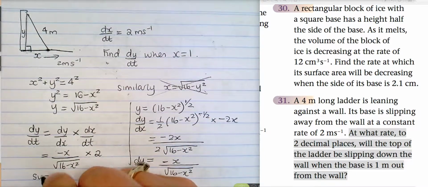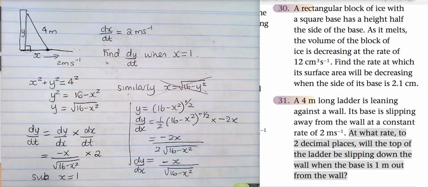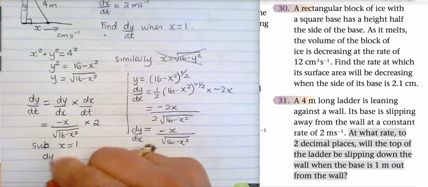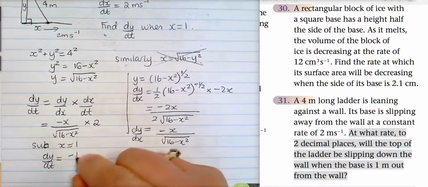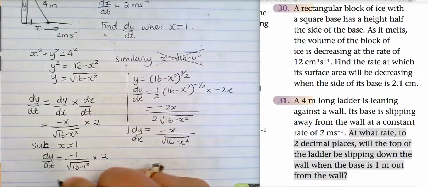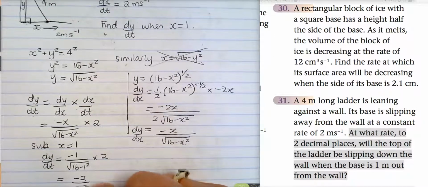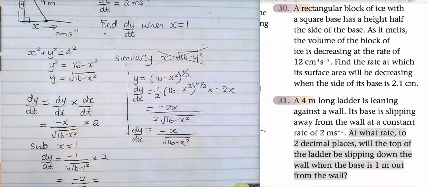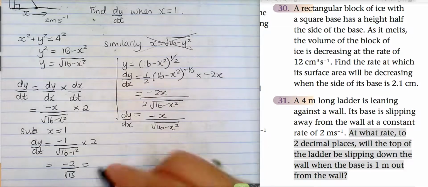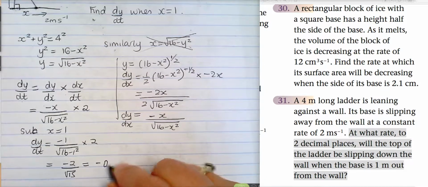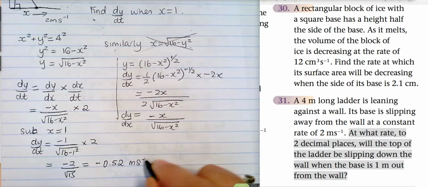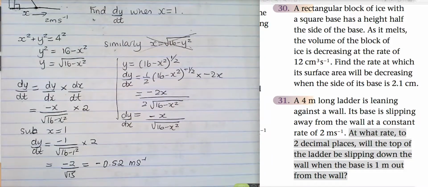So we can sub in x is 1, because you need to find dy dt when x is 1, and you will get that dy dt is negative 1 over the square root of 16 minus 1 squared, times 2. So it's negative 2 over root 15, which is, I believe, negative 0.52 metres per second to 2 decimal places.